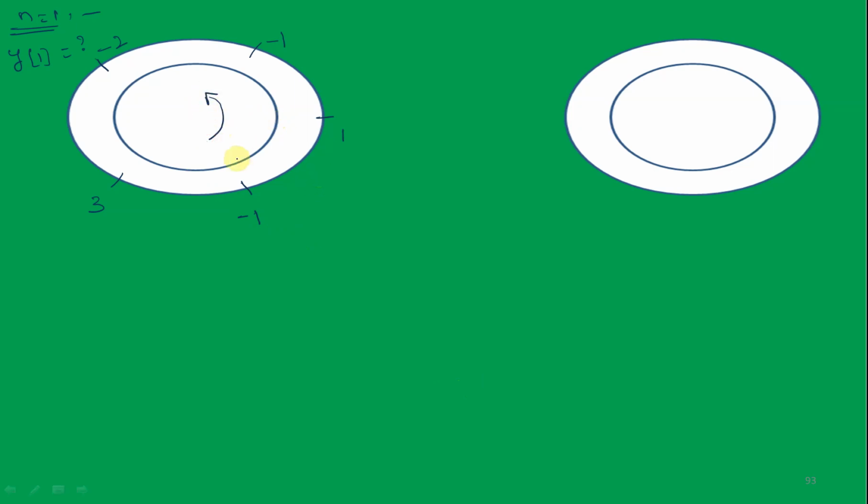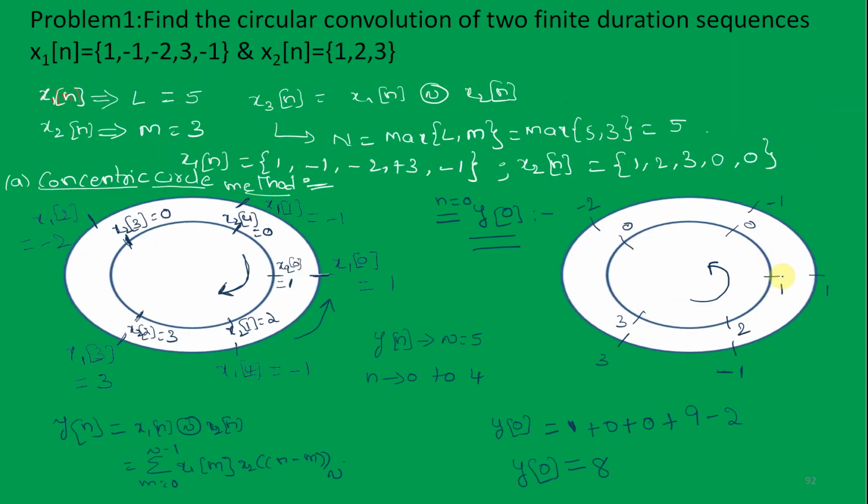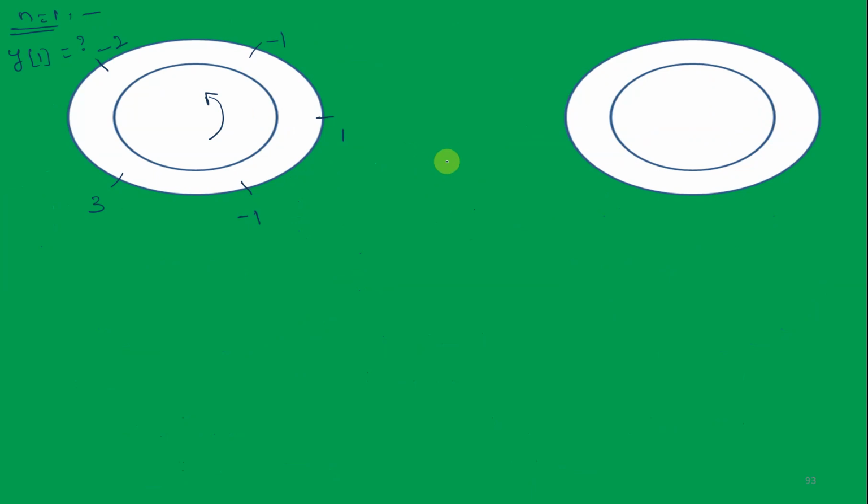Anti-clockwise direction, move one step. Remember: 1, 0, 0, 3, 2, but now this position is shifted to here. First locate 1, 0, 0, 3, 2.